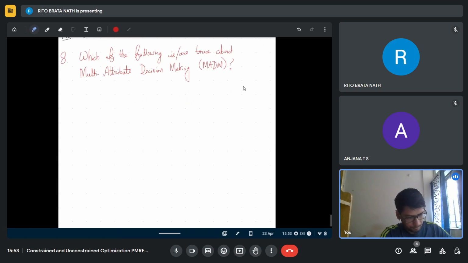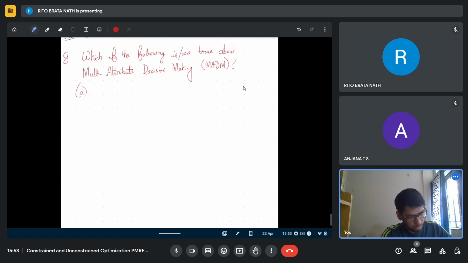So the options are: MADM problems always have a unique optimal solution, which is also not true, just like before.